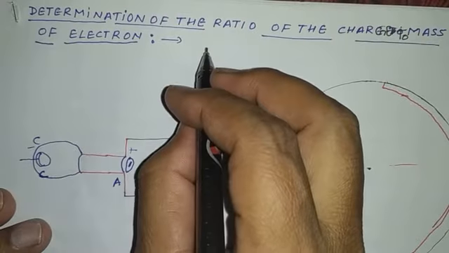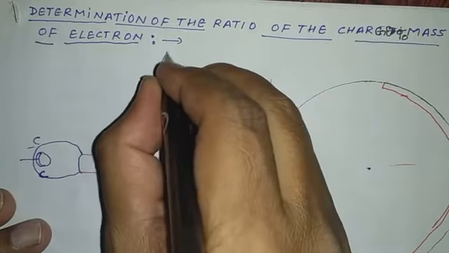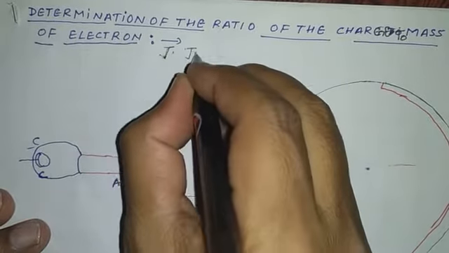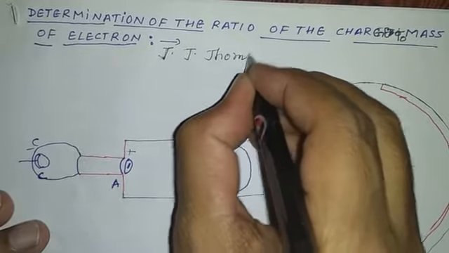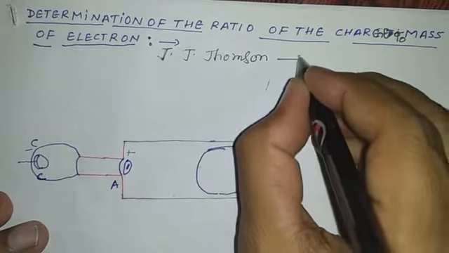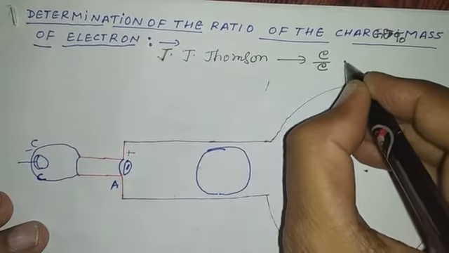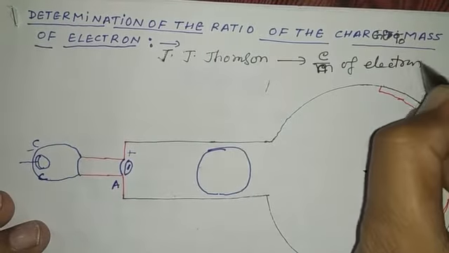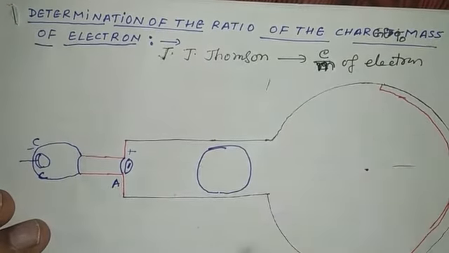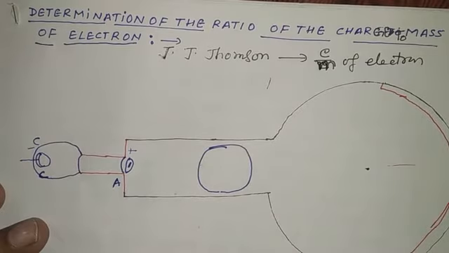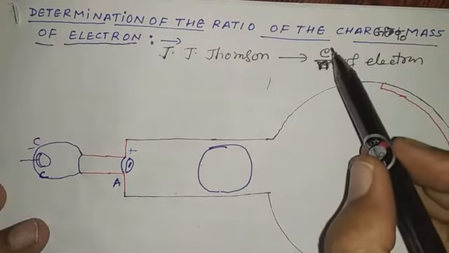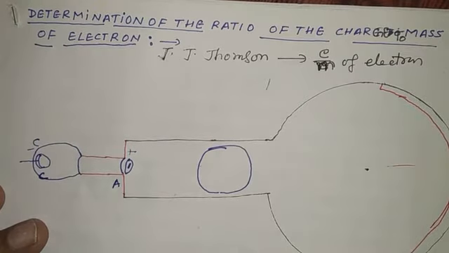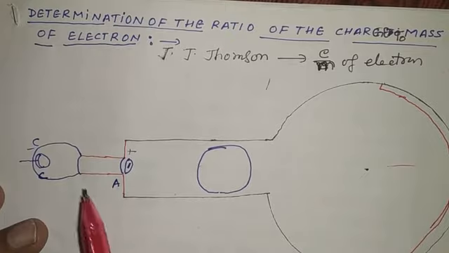This topic is also known as J.J. Thomson's method to obtain e by m of an electron. e by m indicates charge per unit mass. To show the relation between charge and mass of an electron, let us focus on this experiment here.